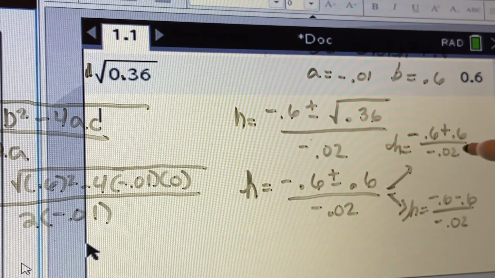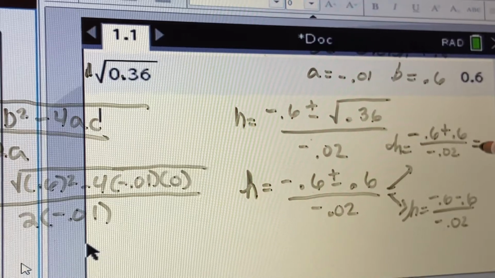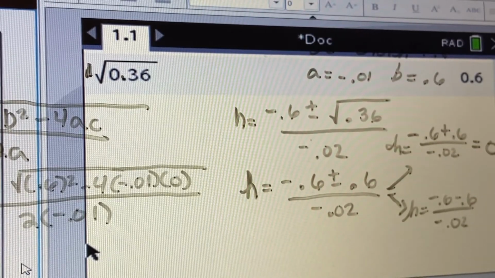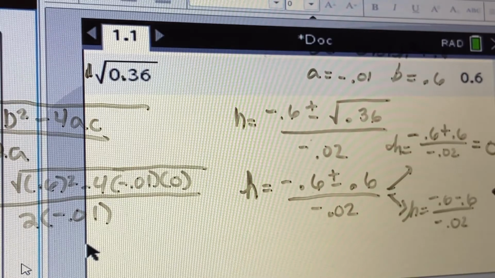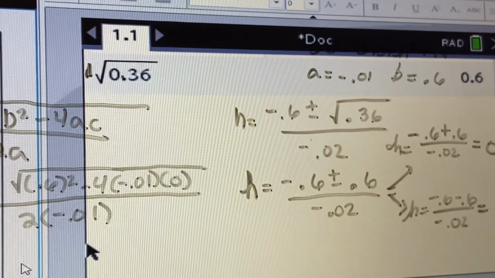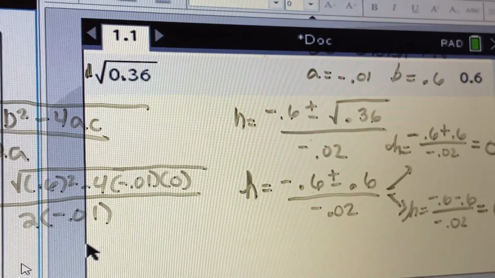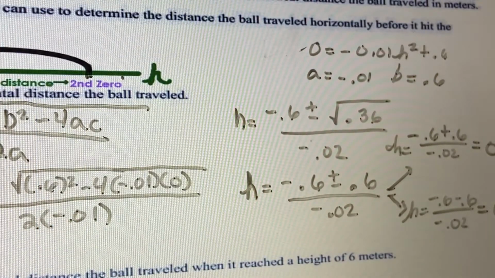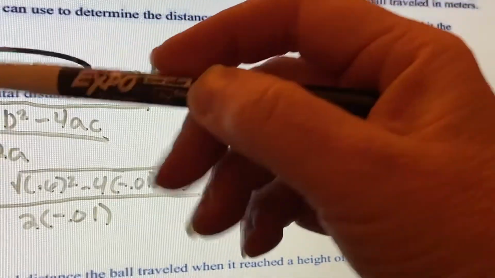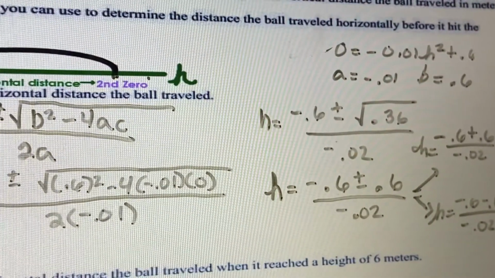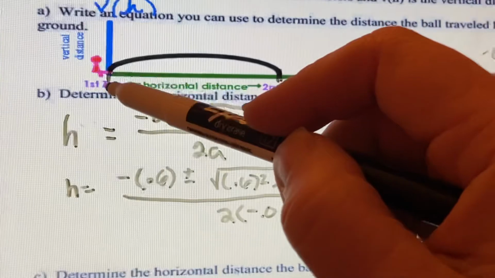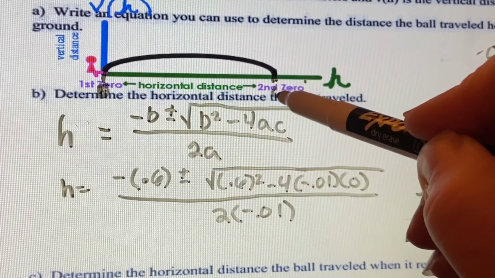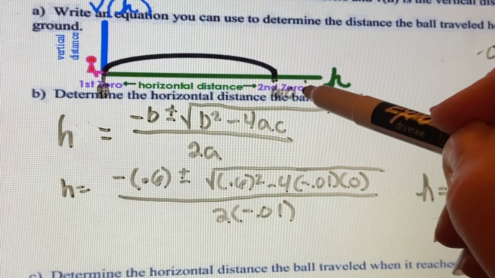That's going to be 0 divided by negative 0.02. 0 divided by anything is 0. That's going to be negative 1.2 divided by negative 0.02, and that's going to get us 60. So if we go back to our drawing, that means that, yes, she did not drop kick that ball. It was on the ground at 0, and it was on the ground at 60 meters.